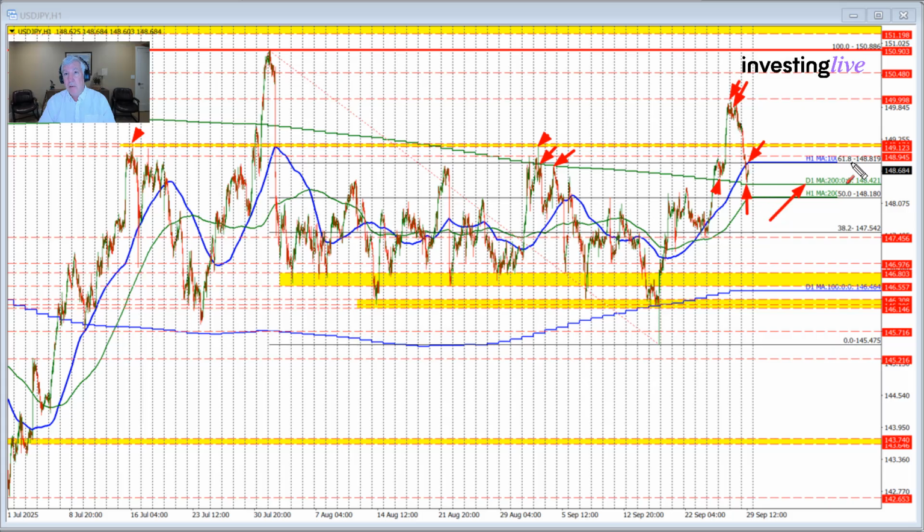On the top side, however, the sellers are leaning against the 100-hour moving average at 148.819. Also near that level is a 61.8% retracement of this move to the downside, which was broken in trading last week and now moving back up toward that level, finding willing sellers against that level. So there's a battle going on between the 200-day moving average, 100-hour moving average, and 61.8% retracement in the dollar versus yen.